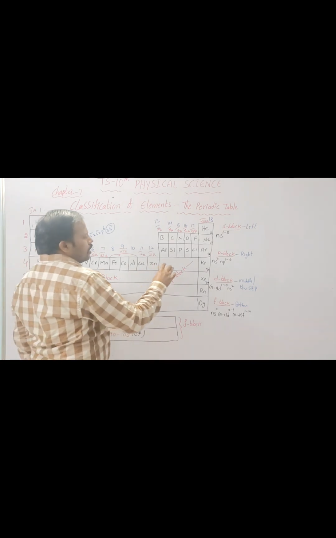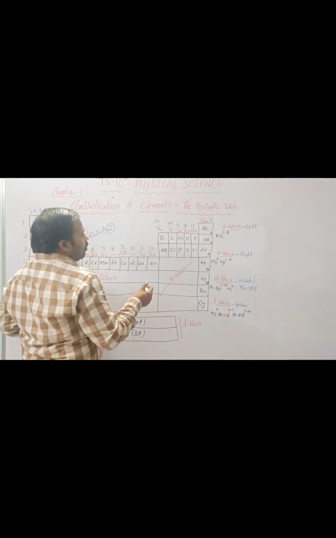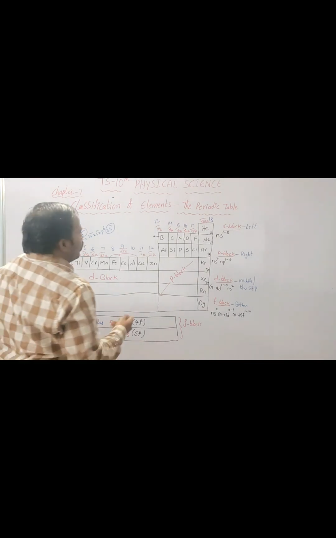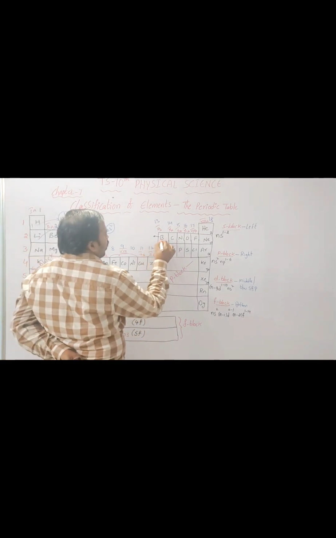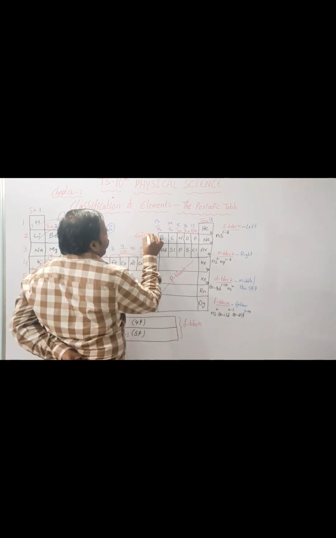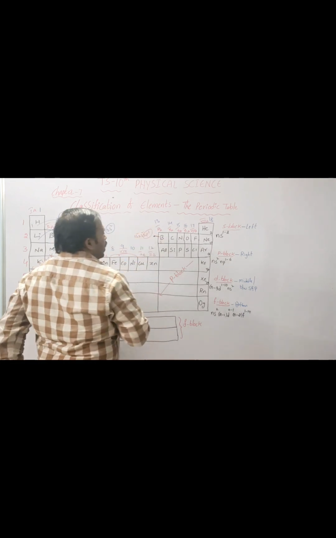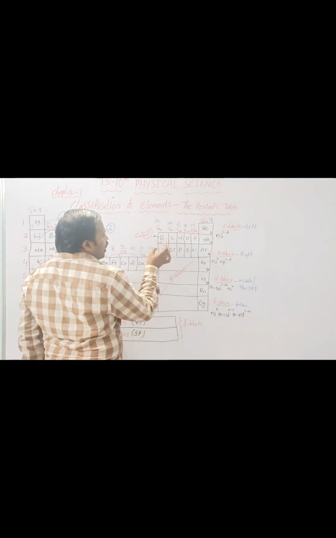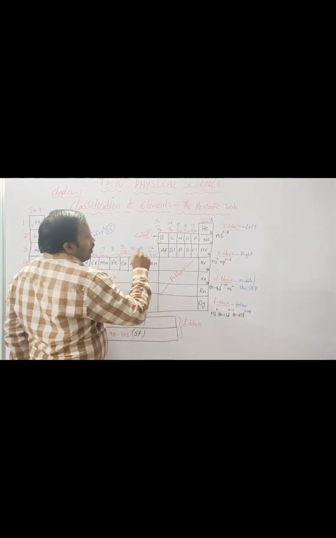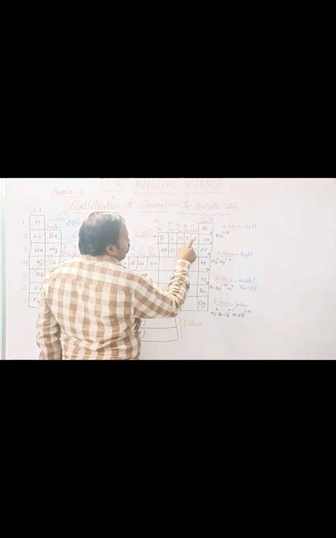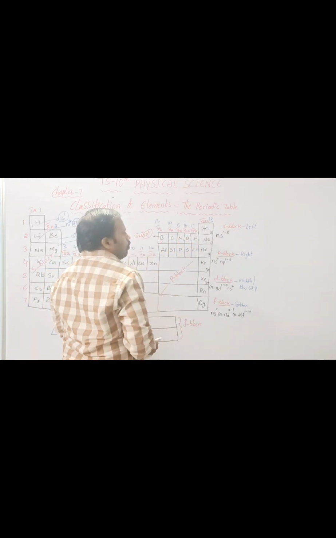Next, coming to the P block. The P block elements start with boron. So what is the configuration here? What is the atomic number of boron? 5. So 1s2, 2s2, 2p1. The valence electron enters the p orbital, so the p block elements start from boron. Next, carbon is p2, nitrogen p3, oxygen p4, fluorine p5, neon p6.